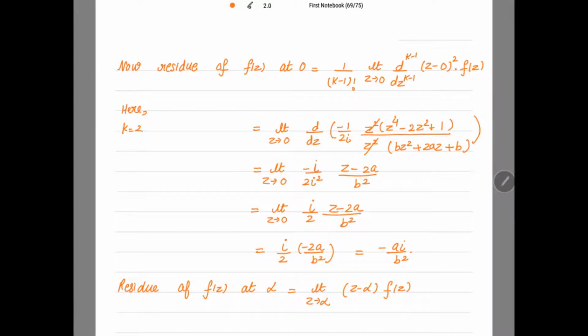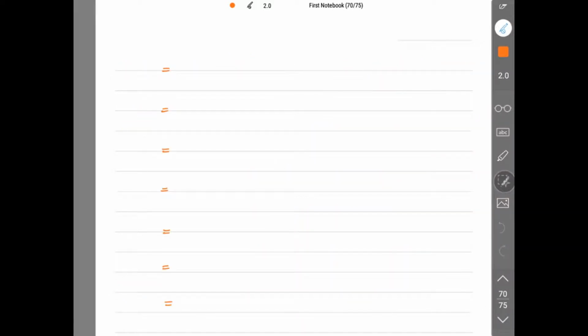right? Now I am taking the residue of f(z) at alpha. For that, because alpha is a simple pole, the formula is limit z tends to alpha, (z minus alpha) into f(z). Now I am putting the denominator of this function in terms of the factors, so that z minus alpha cancels out.